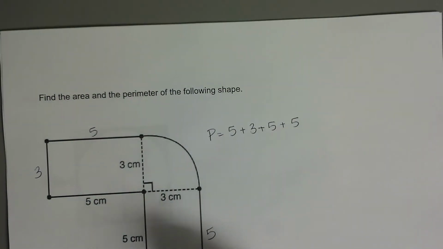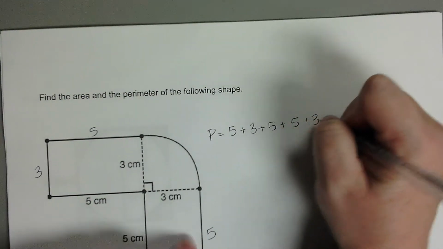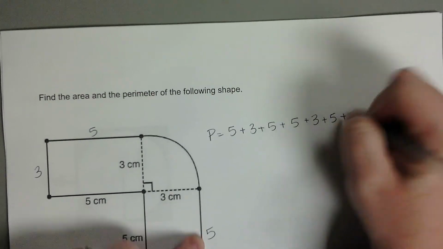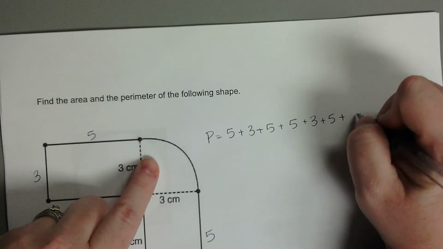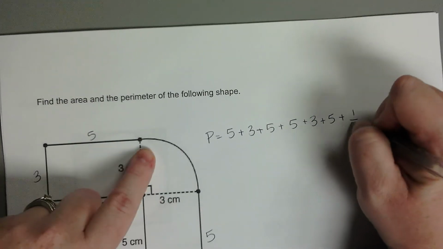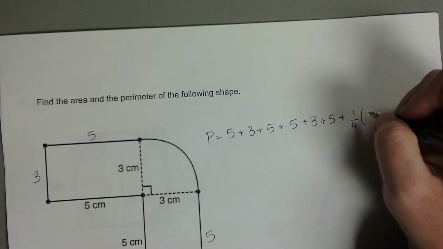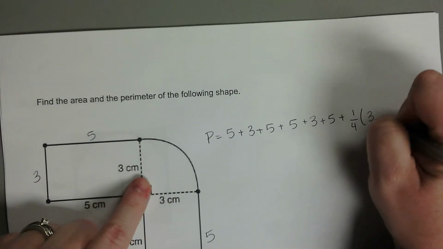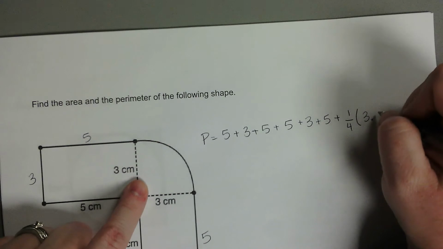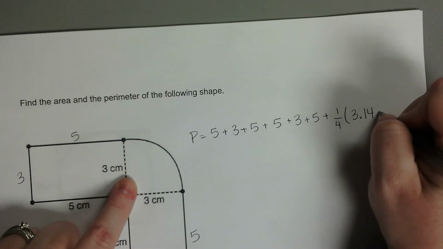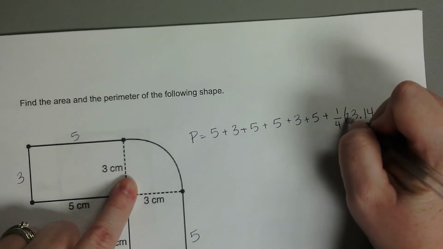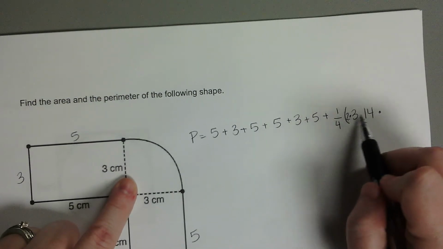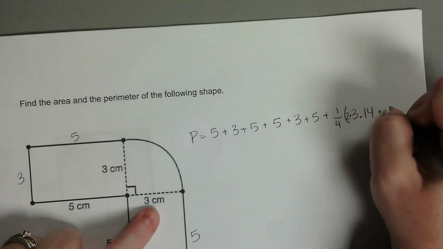This is not 5, this is 3. Plus 3 plus 5 plus our circle. We only have a quarter of it, so 1/4 times pi, and it should have been 2 pi r. And our radius is 3.